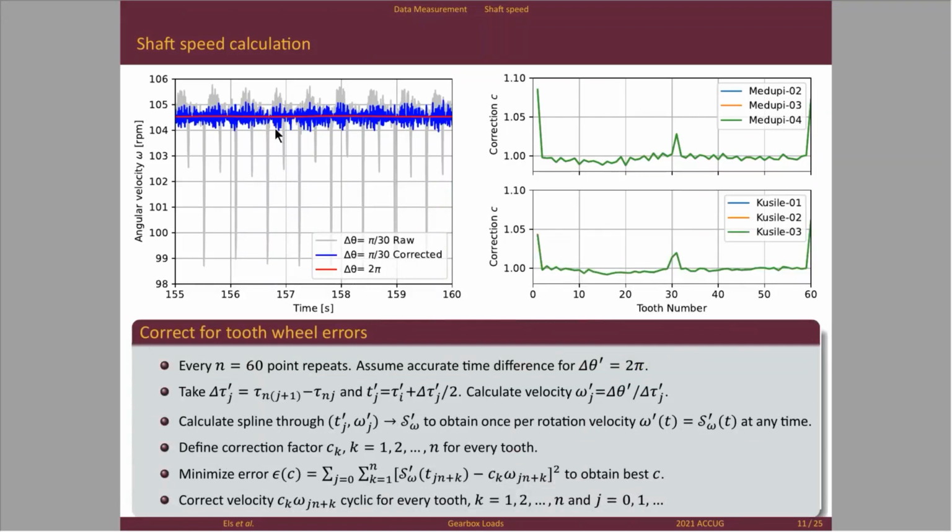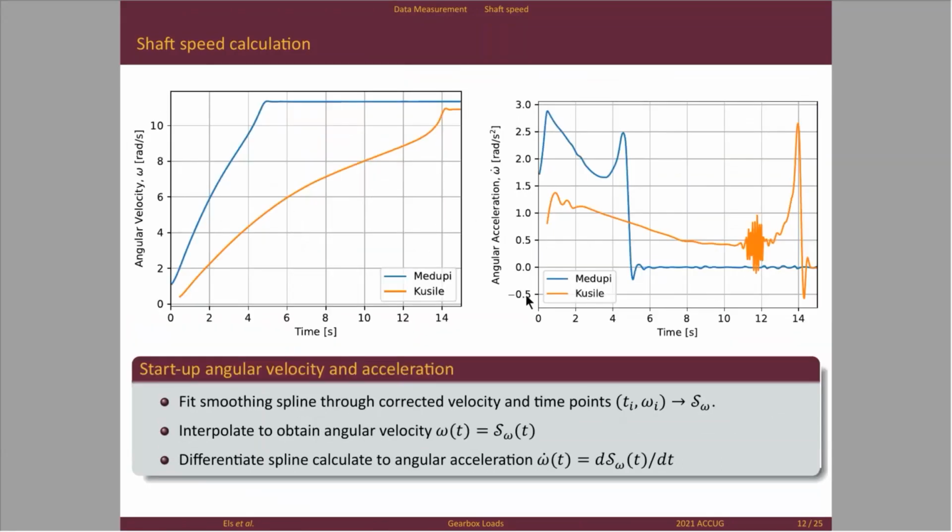In the end, by a fairly nice optimization algorithm, we could take out the inaccuracies or the tolerances on the tooth wheel itself, and we end up with that blue curve for the velocity. You will see that that is about a quarter of an RPM, which, although the graph looks quite rough, I think is extremely accurate. So with that, we could do a proper speed calculation.